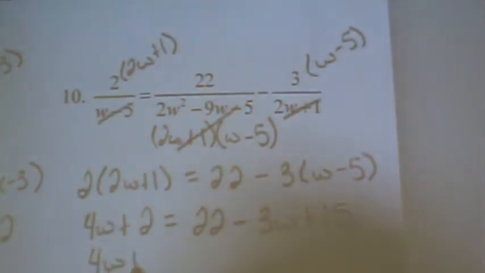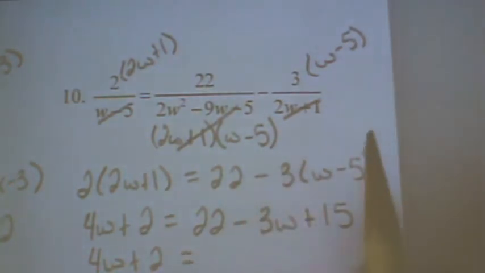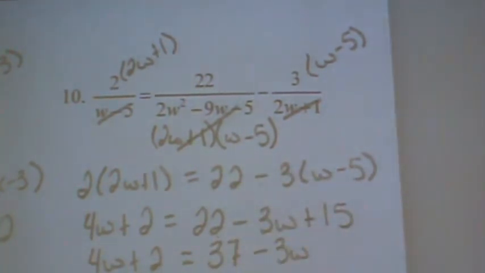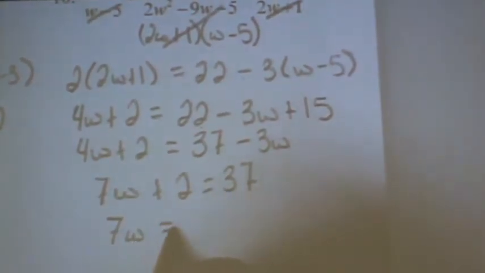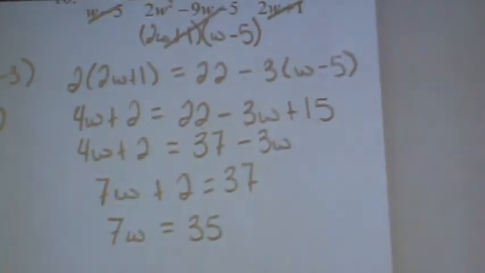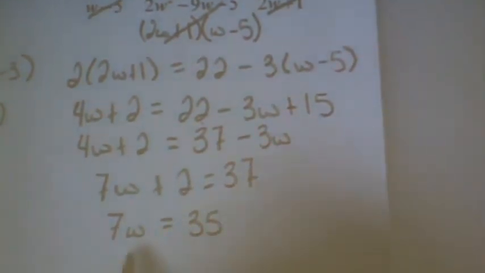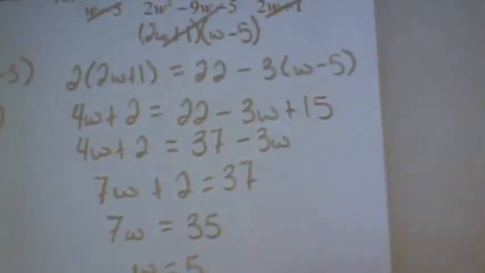Combining like terms, we get 4w plus 2 equals 22 plus 15 is 37 minus 3w. Adding the 3w, we get 7w plus 2 equals 37. Subtracting the 2, we get 7w equals 35. Dividing by 7, we get w equals 5.